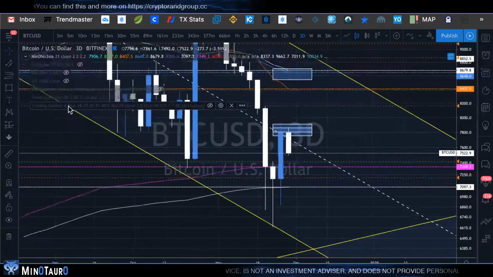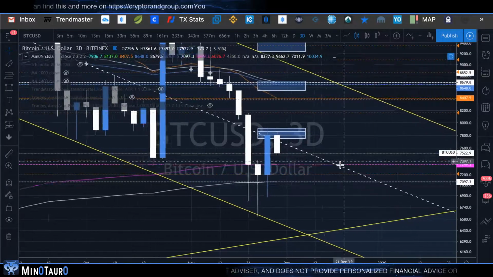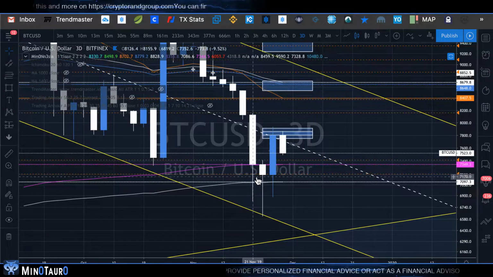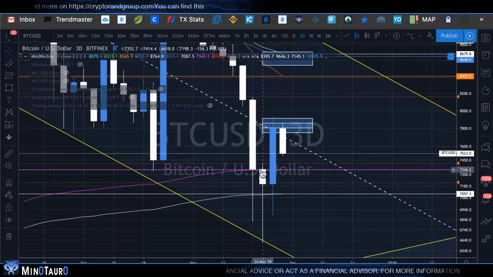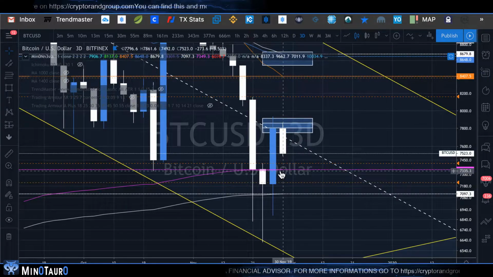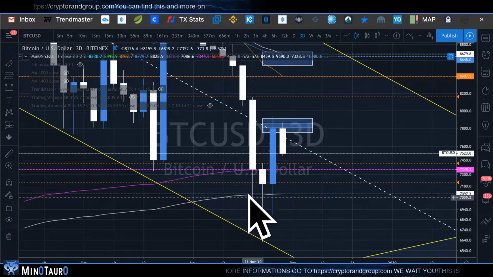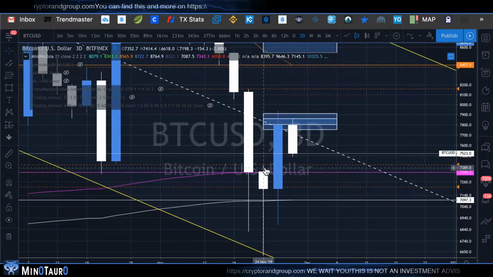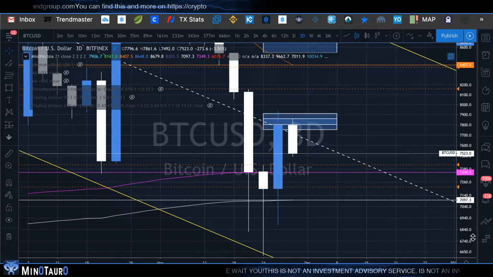Now look at me. 3 days, the one that we were checking in the group. 3 days we pumped from the 200 233 area. This is the known support or resistance from mainstream, and this is not a known one. As soon as you cross the resistance, you can go down and retest it.